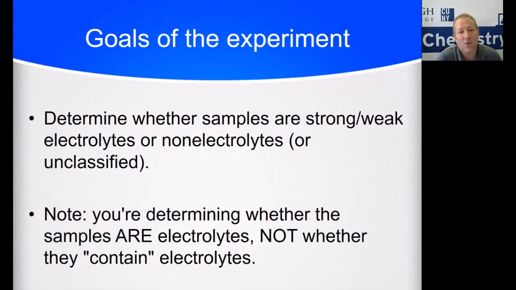The key point is that you are determining whether compounds are electrolytes, not whether something contains electrolytes. As you'll see with the definition of an electrolyte, you have to make it into a solution in order to test it, so the fact that the solution contains electrolytes isn't what it's all about. Is the compound that you are testing an electrolyte or not?